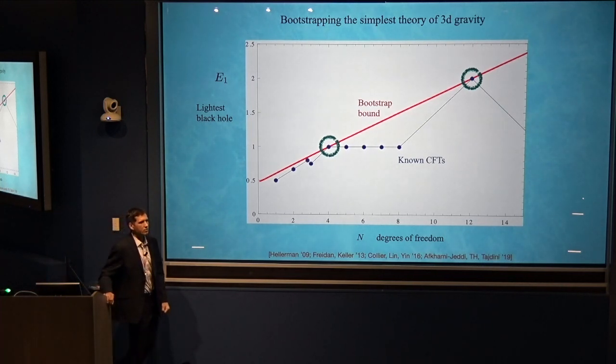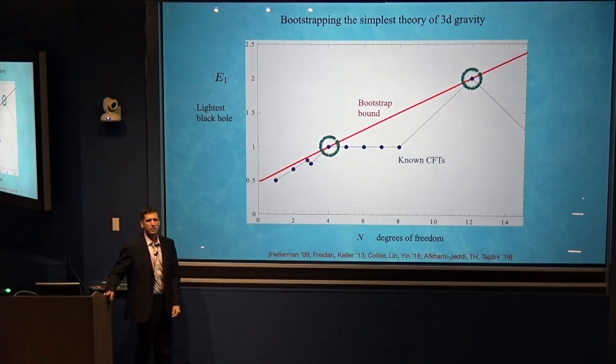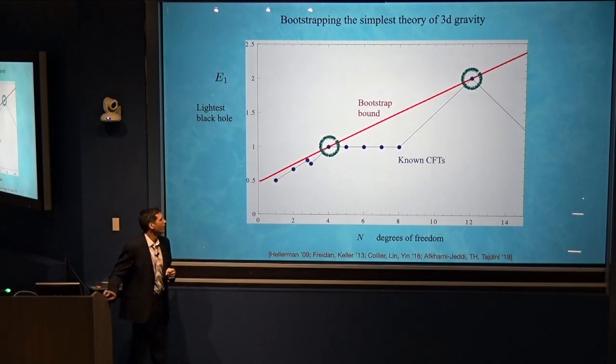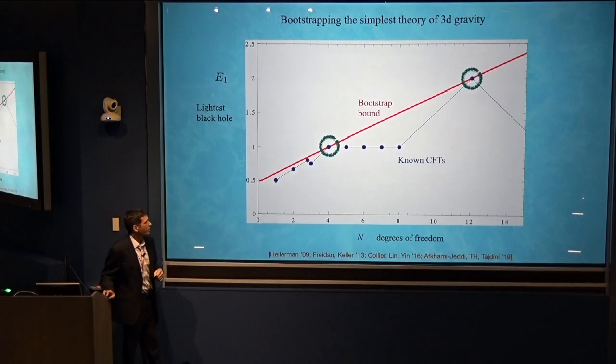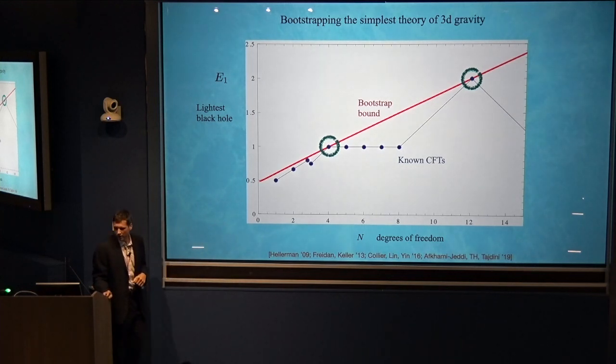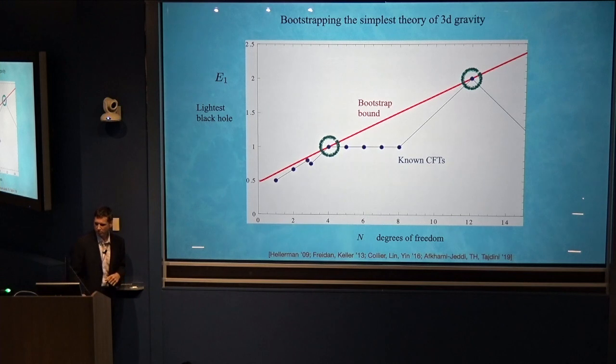It's exactly equal to the mass of the lightest object in a known theory when n is 4, and also when n is 12, the number of degrees of freedom. So that's something interesting that I'm just observing at this point, and we're going to come back to it as we go on.